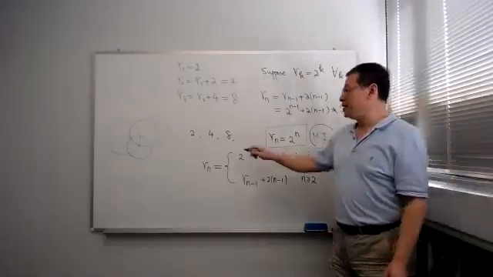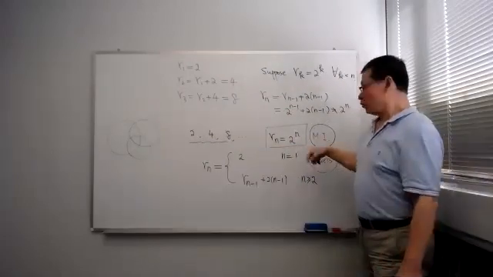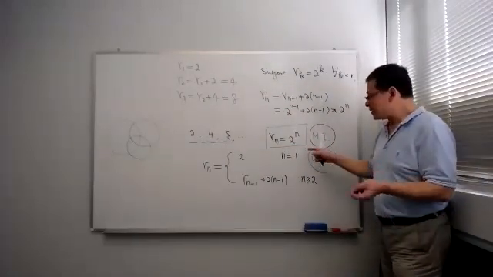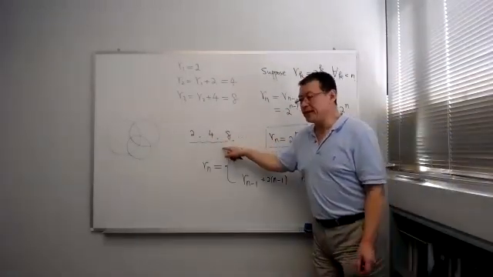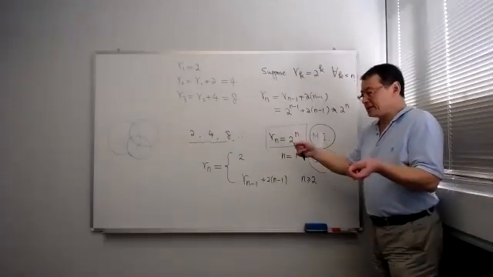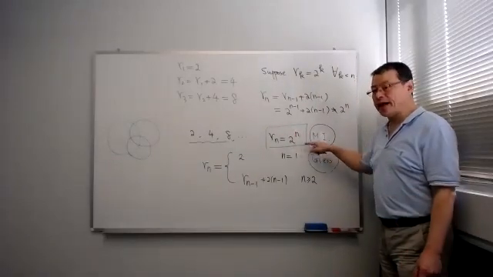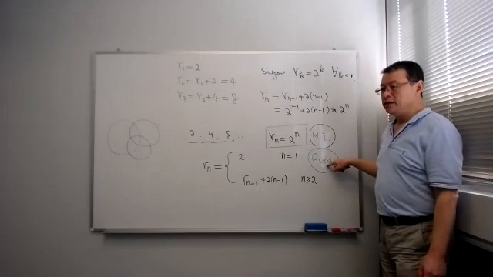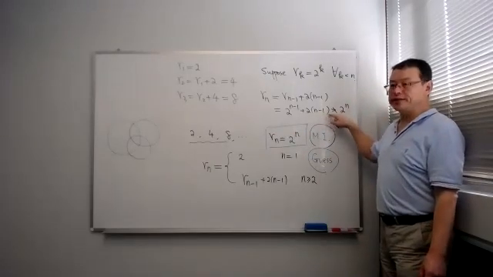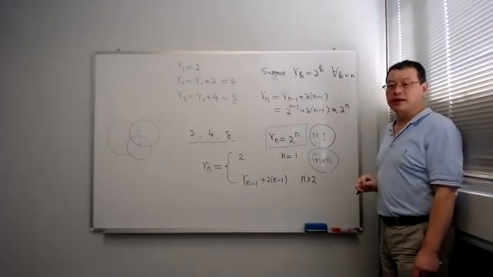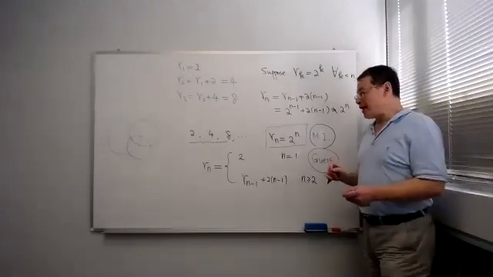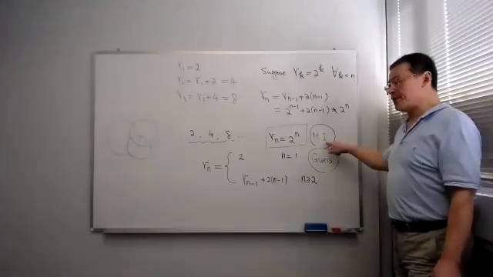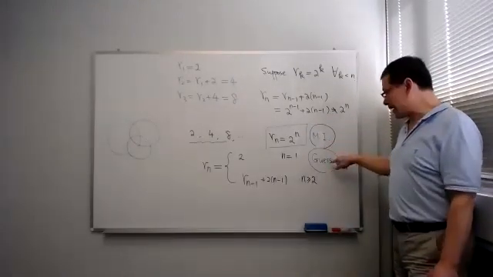In this case, we made an educated guess, looking at the pattern. It looks like 2 to the power n. But then when we try to prove it, we see this one actually does not work. So that demonstrates the importance of using mathematical induction to prove our guessed solution.